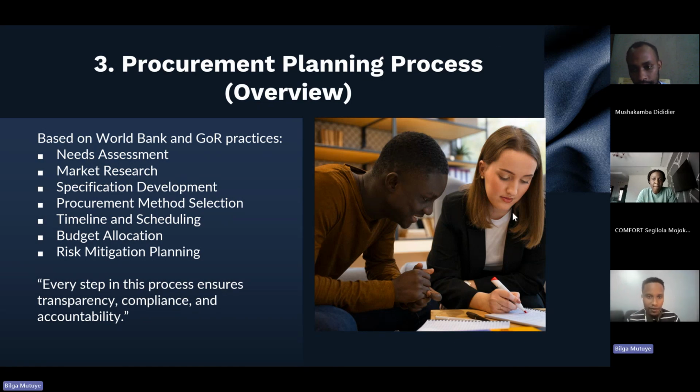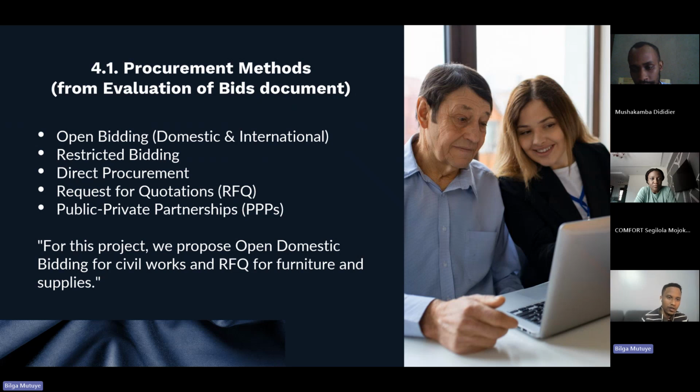Thanks, Emma, for the brief introduction as well as the understanding overview. And my name's Bilga, and we are going to proceed with the procurement methods. Basically, the procurement methods are specified as five, whereby there's open bidding, whereby domestic and international suppliers are invited to participate without any limitation in the bidding process.